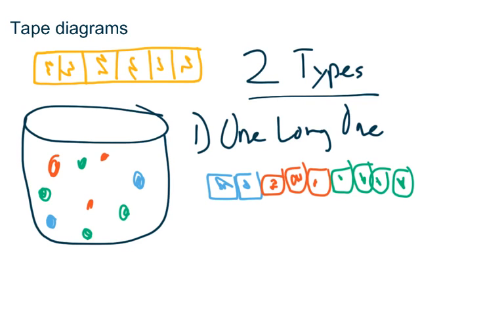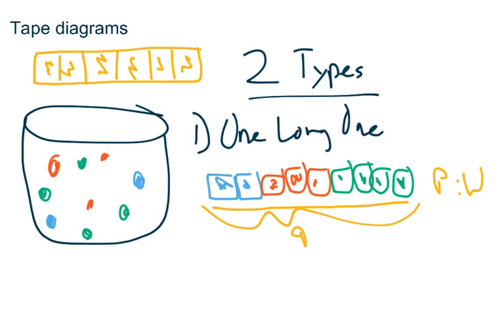These are great when we're talking about part to whole. Remember how there are two types of ratios? We have part to part and part to whole. This is great because you can see how they all come together and how there are 9 pieces. So it's great for visualizing how this impacts those different components.